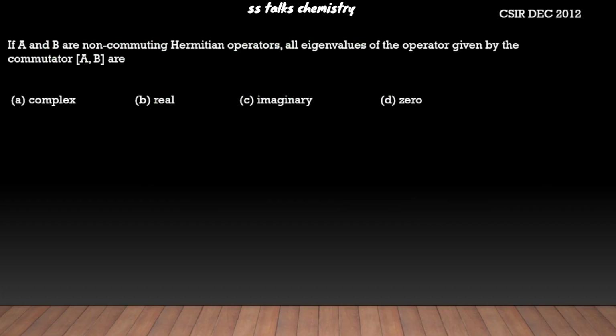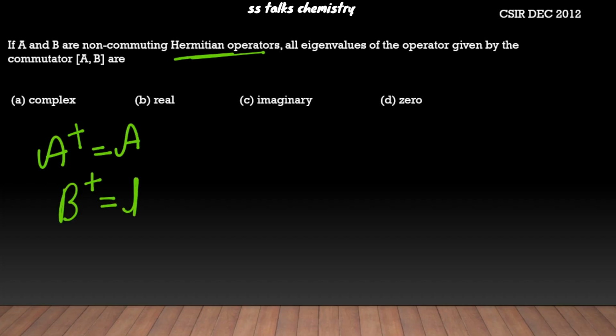Okay. Next, this one. If A and B are non-commuting Hermitian operators, which means A dagger will be A and B dagger will be B only, because these are Hermitian operators. All the eigenvalues of the operator given by the commutator of these two operators.